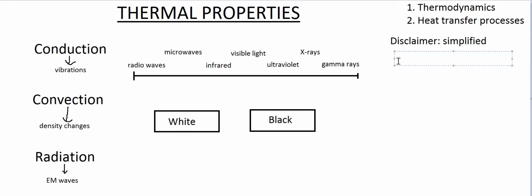So you probably learned in Sec 1, I think, that light is made up of three colors, RGB.